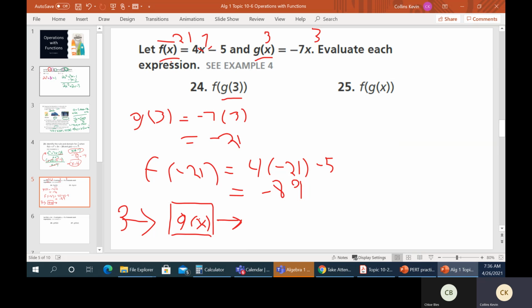Well, what comes out the other side, we figured out, was negative 21. So that's the first stage of our manufacture. Then your next stage is we're going to feed the minus 21 into another machine, and this machine we're going to call f of x. And then what comes out the other side, in this case, is minus 89.